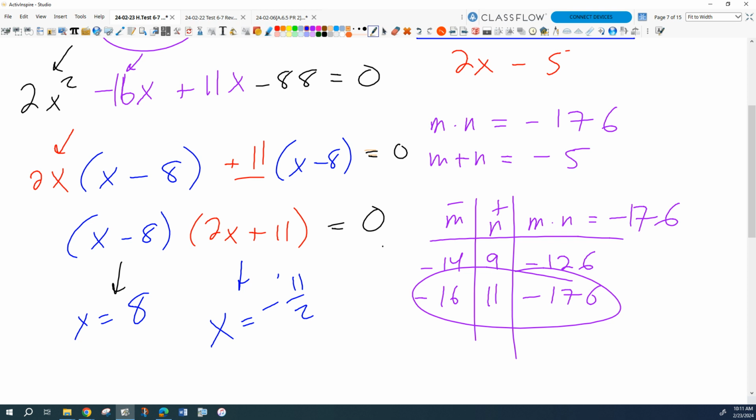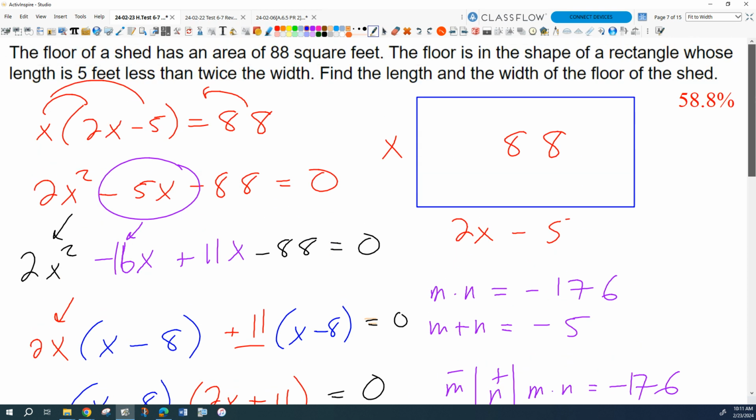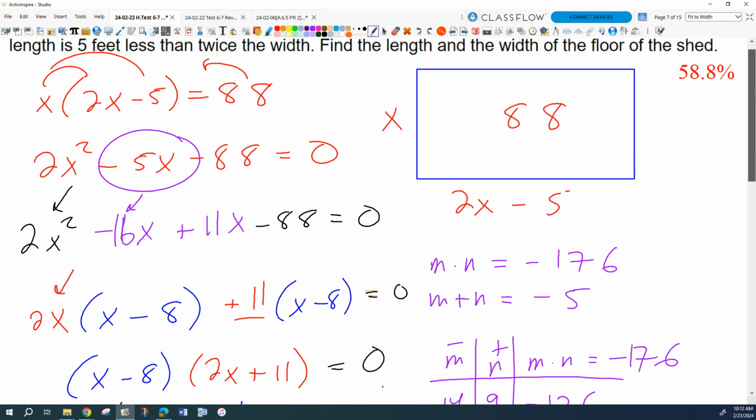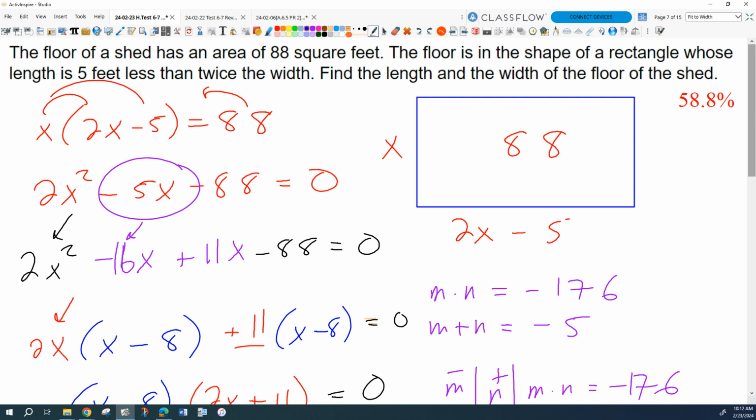Okay, those are my mathematical solutions. Are any of those nonsensical in this context? The negative one makes no sense as a side length of a rectangle, right? So we can immediately discard this one because it doesn't apply to our application. If 8 is the width, how would I calculate the length? Plug it in, right? And I've got the dimensions. Okay, good? All right.